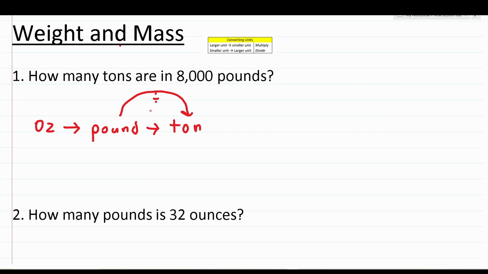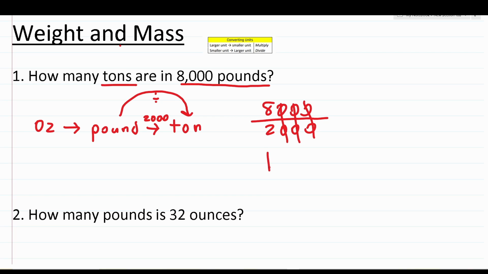And of course, you have to know that there are 2,000 pounds in every ton. So to make this conversion, we're simply going to take 8,000 and divide it by 2,000. Thankfully, this is very easy to do. We can cross out these corresponding zeros. 8 divided by 2 is 4. In other words, 8,000 pounds is 4 tons.